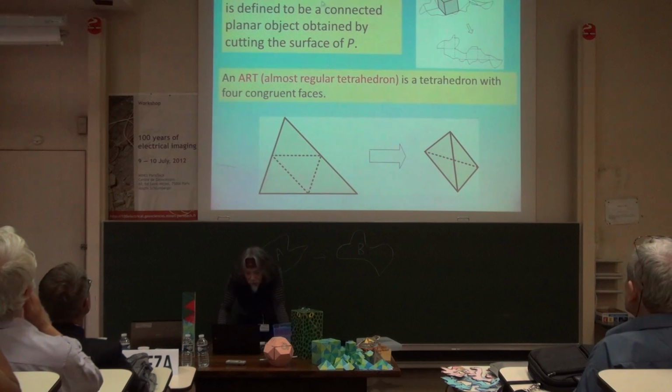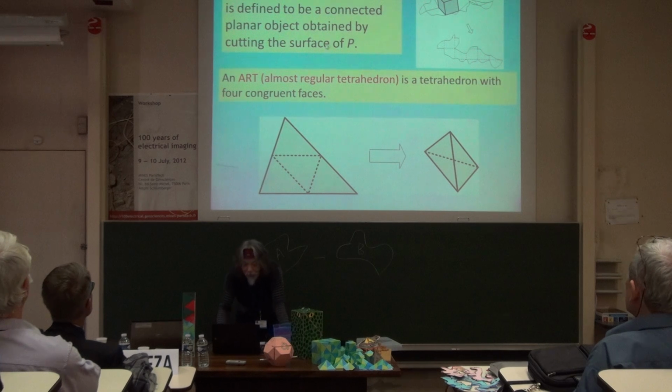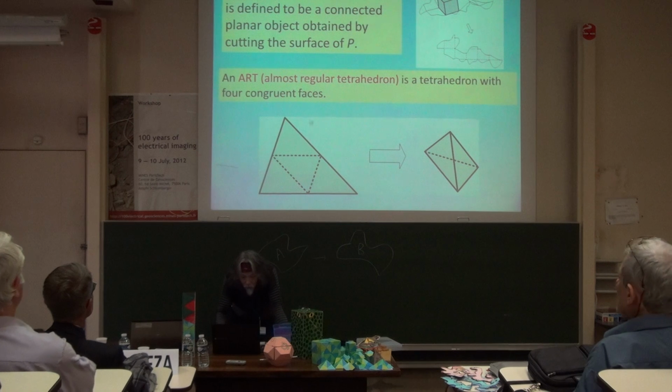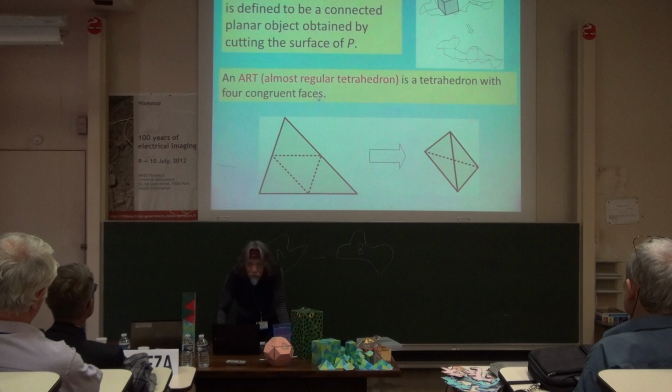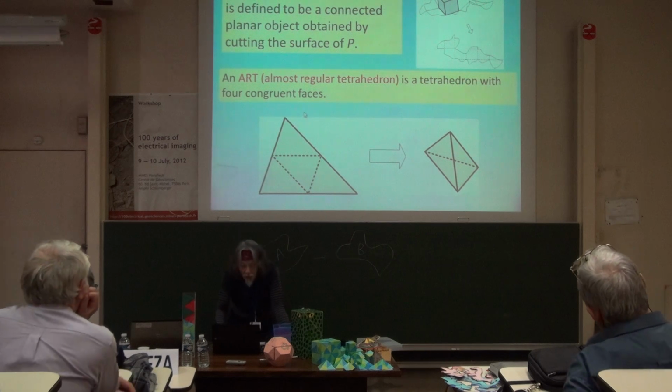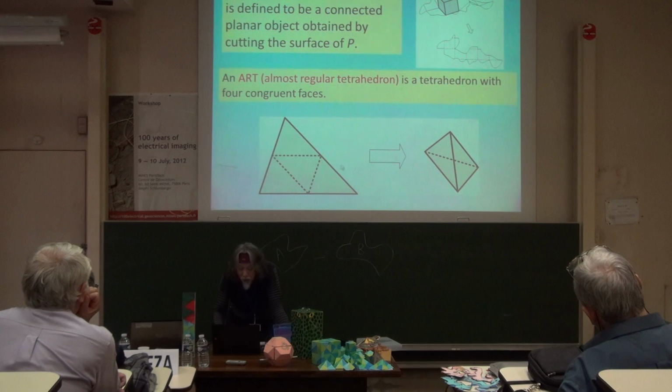And a net of a convex polyhedron is defined as a connected planar object obtained by cutting the surface of P. I demonstrated that. And an almost regular tetrahedron, which I like to call an arc, is a tetrahedron with four congruent faces. Note that there are infinitely many arcs, because you take any acute triangle, and along the middle lines, the dotted lines, you fold.